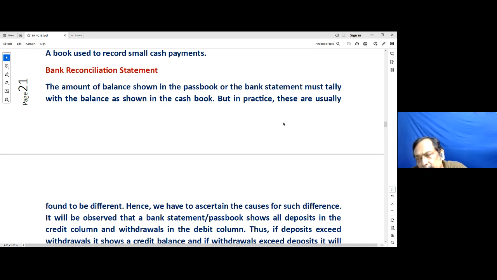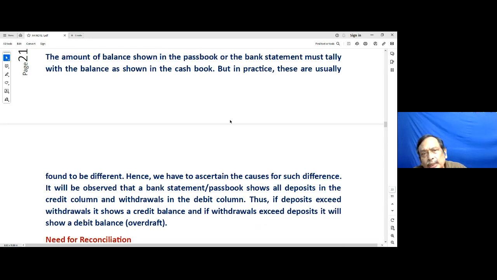And this bank reconciliation statement is actually being prepared by the organization, keeping into account the bank statement, that is the passbook which is actually being issued by the banker. So the amount of balance shown in the passbook or the bank statement must tally with the balance as shown in the cash book.